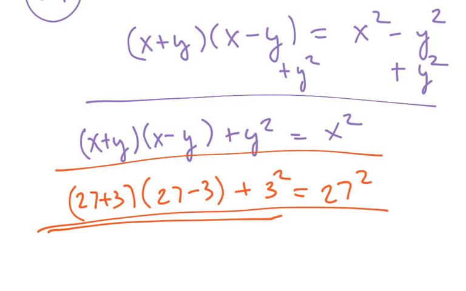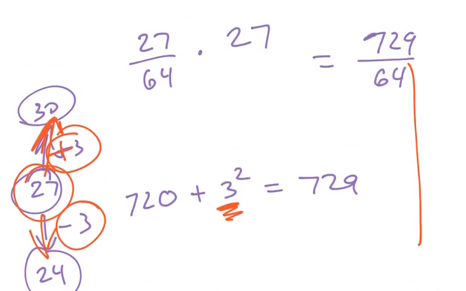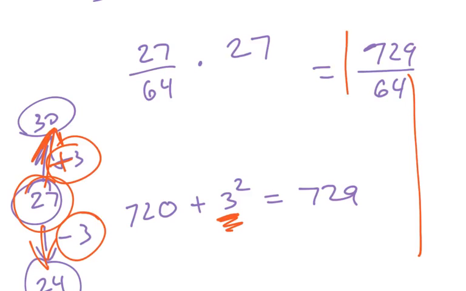So that's an example of, sometimes people ask, why do we learn the difference of squares? How is that useful? There's a case where it's useful. If you saw that and you're like, I just want to do 27 times 27, that's fine. If we're asked to find the product, it's going to be 729 over 64, and there's your answer. So hopefully that makes sense, and I'll see you in the next video.